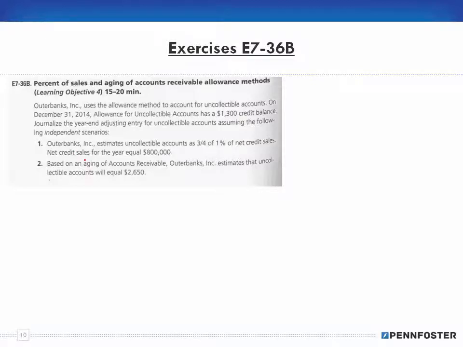you know which method to apply for that particular situation. It says here, Outer Banks estimates uncollectible accounts as 0.75% of net credit sales. Net credit sales for the year is equal to $800,000. Well, if you're using net credit sales, what method would you use in calculating your estimate of allowance for uncollectible accounts?